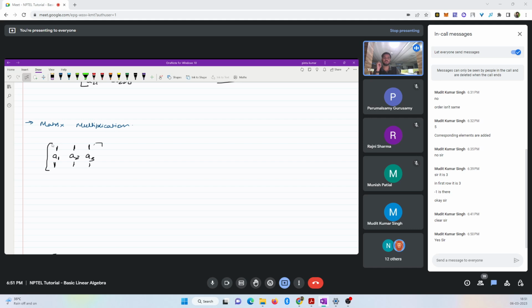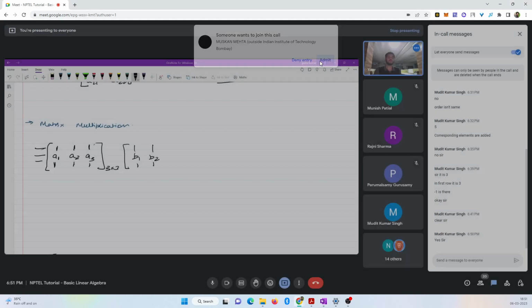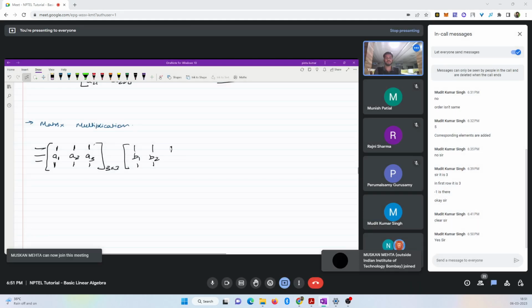This is a 3 cross 3 matrix. So this is one column with 3 entries. A1 has 3 entries, A2 has 3 entries, A3 has 3 entries. I want to multiply this by B1, B2, and B3.